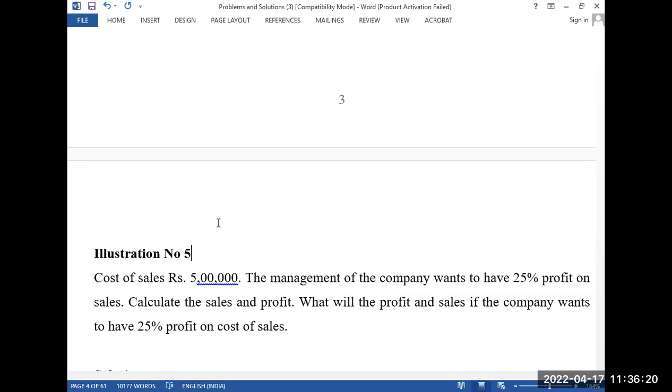Now come to accounting. Cost of sales plus profit expected, put together, is equal to selling price, the value of sales.